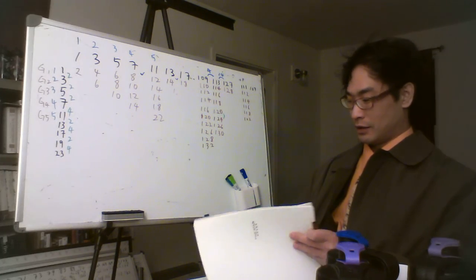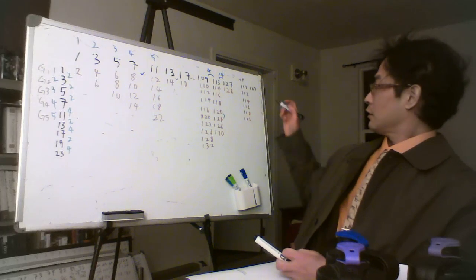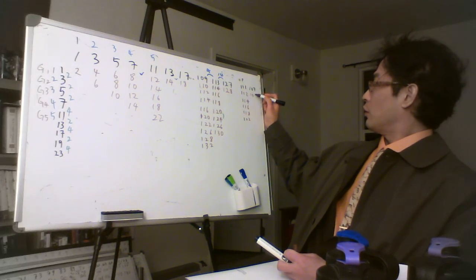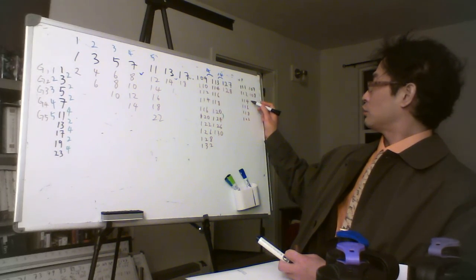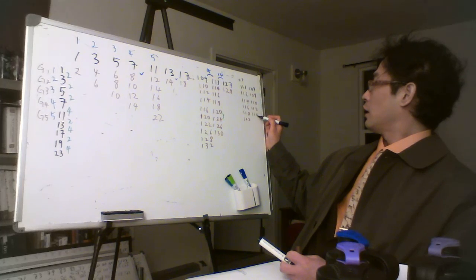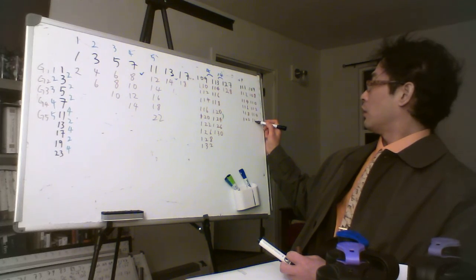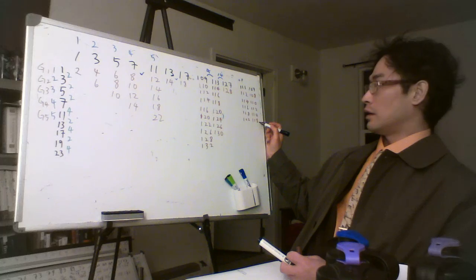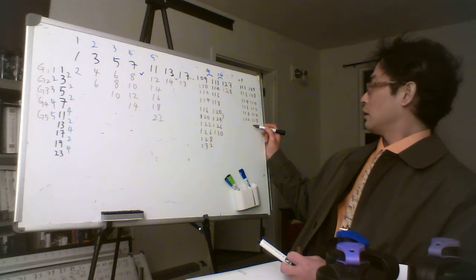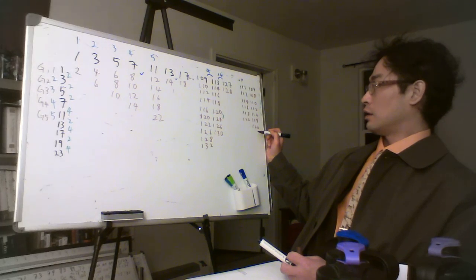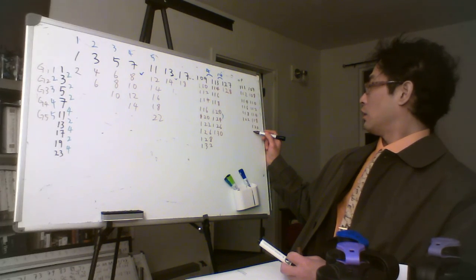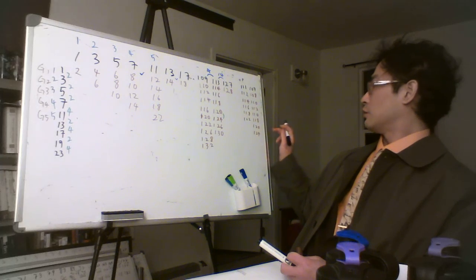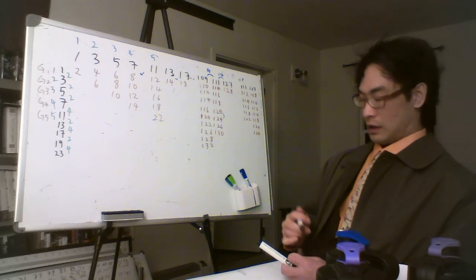Okay, whatever. 108, 110, 112, with gaps 2, 2, 2. One more time, 114 and 4. 118 and then 2 again. 120 and then 4. 124. So 122 does not exist.